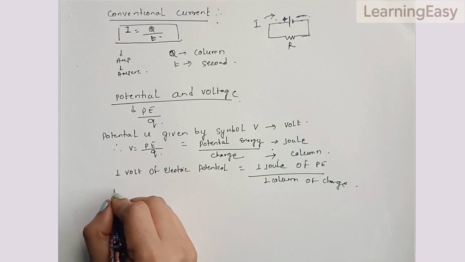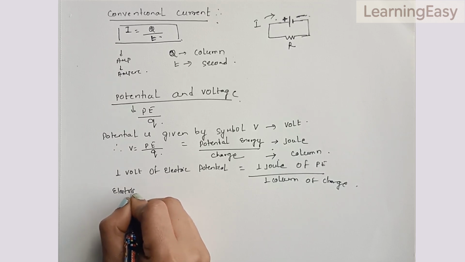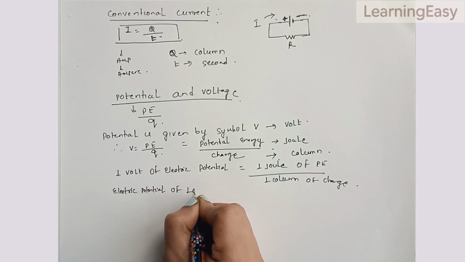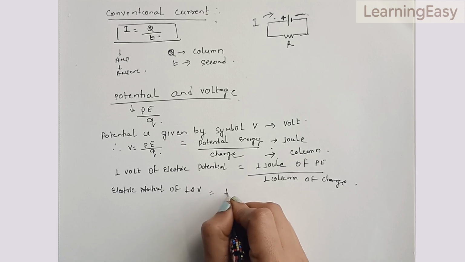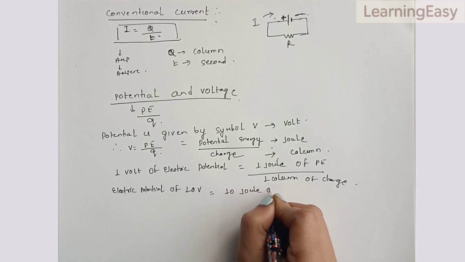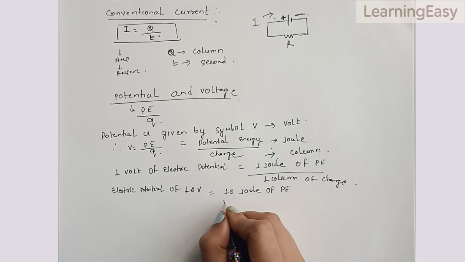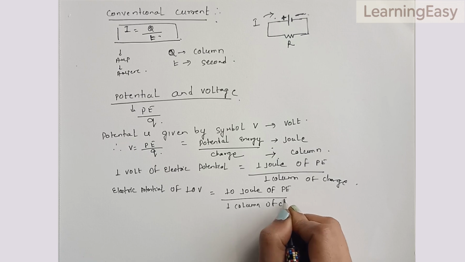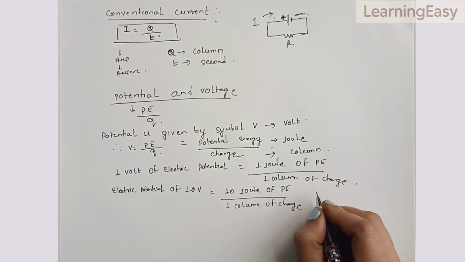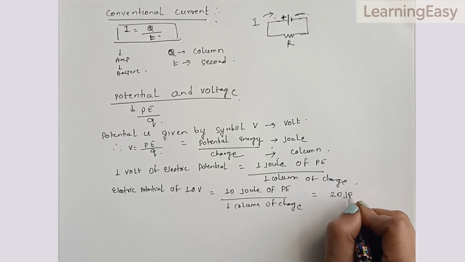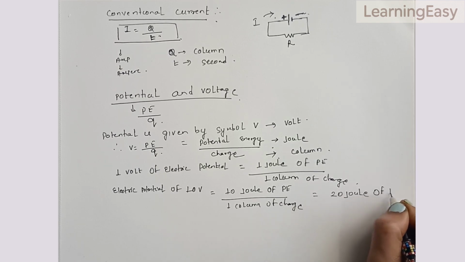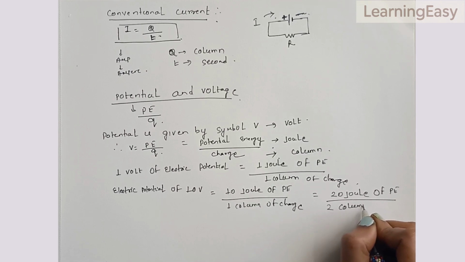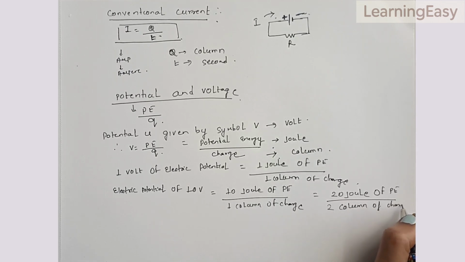Likewise, an electric potential of 10 volt is equal to 10 joule of potential energy divided by 1 coulomb of charge, which is equivalent to 20 joule of potential energy divided by 2 coulomb of charge.